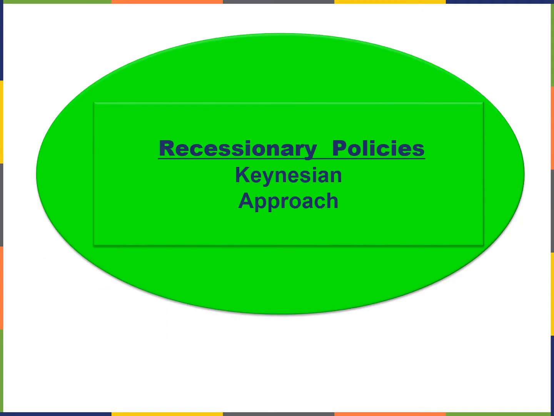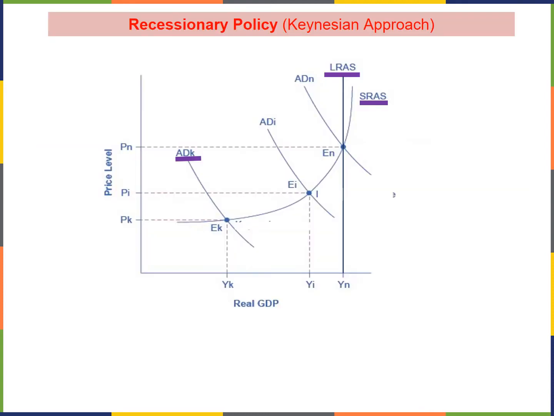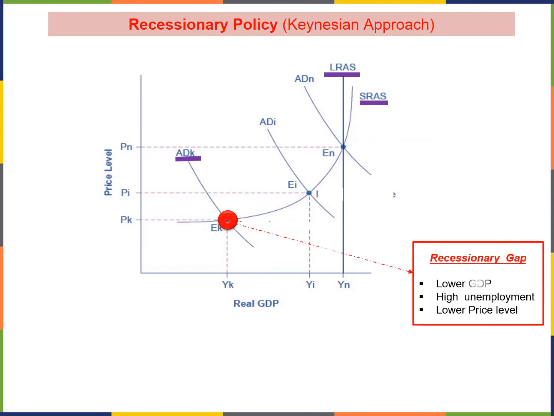So we'll begin with recessionary policies, the Keynesian approach. As indicated here on our model, this is our recessionary gap. Low GDP, high unemployment, low price level.